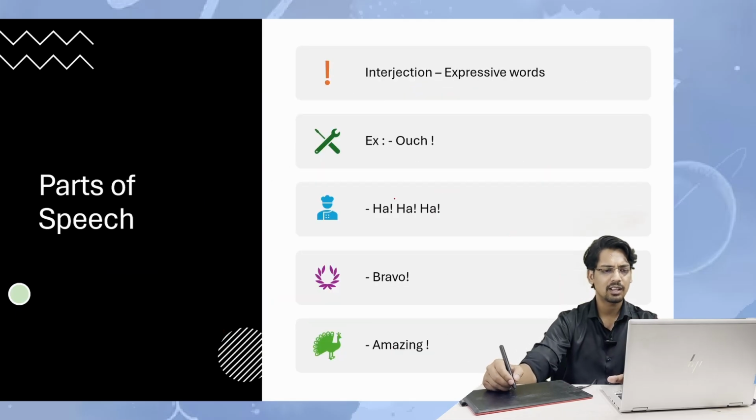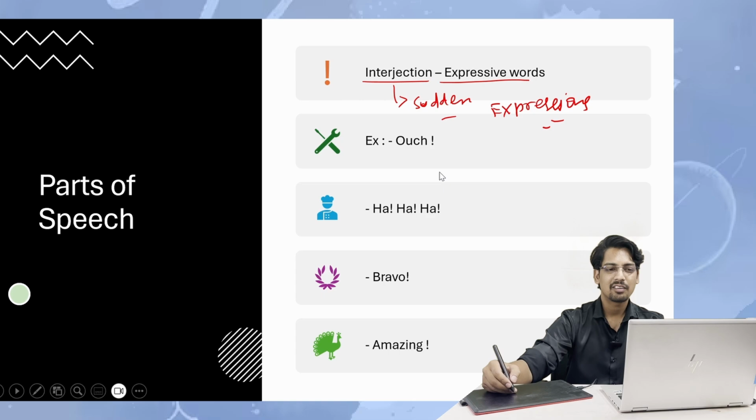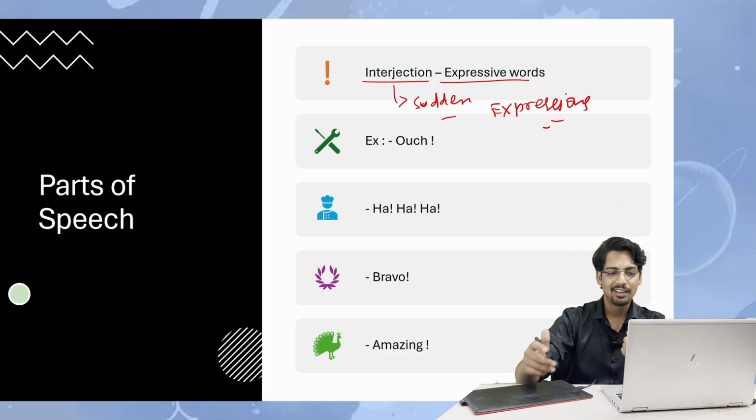Now let's go to the another topic, that is interjection, the last part of speech, and these are called the expressive words. When you produce sudden expressions, like when you do something and suddenly something happens, you produce a sound, that's ouch. When you laugh, you don't say I'm laughing, I'm laughing, you say ha ha ha ha, like that.